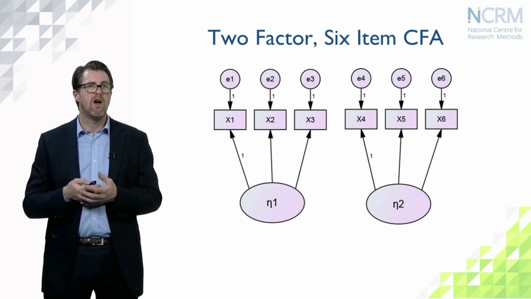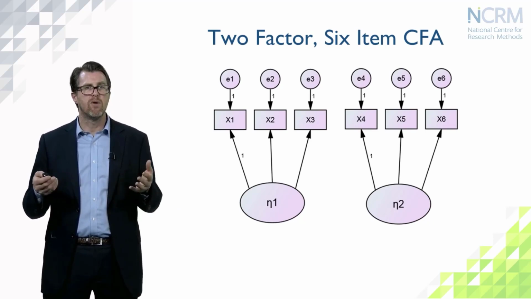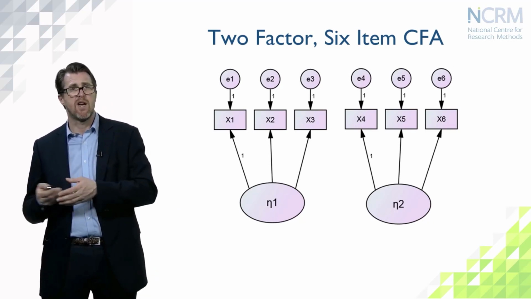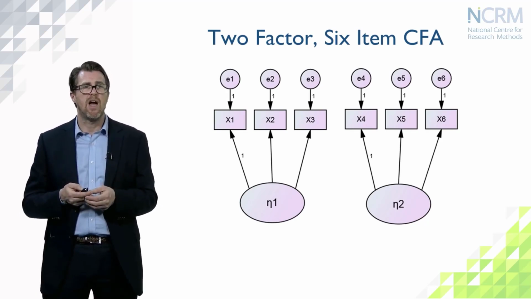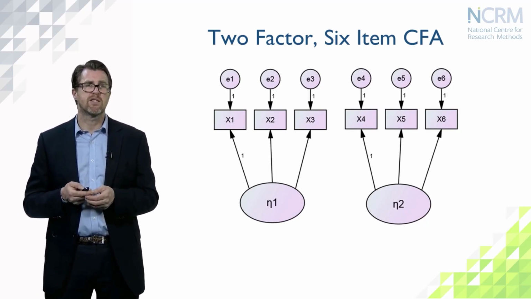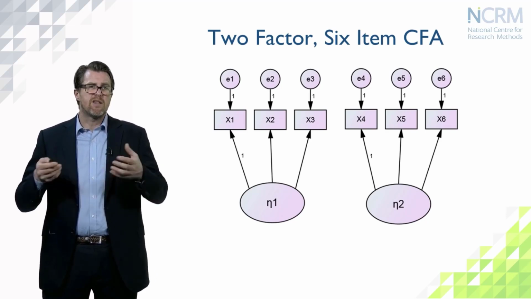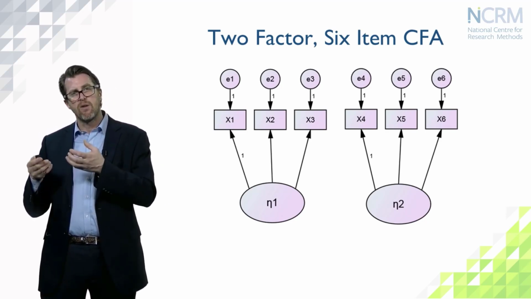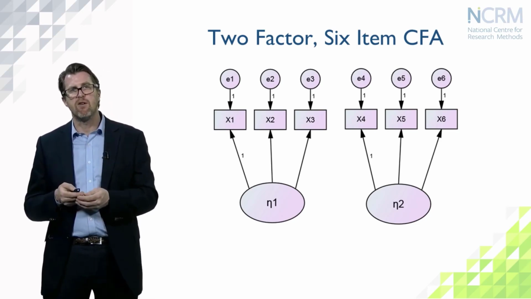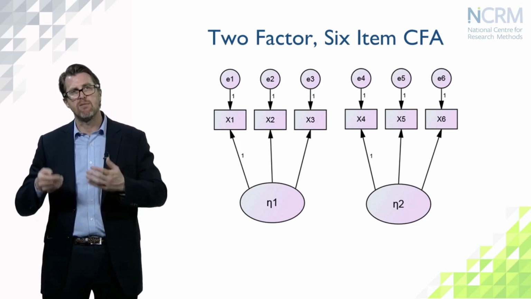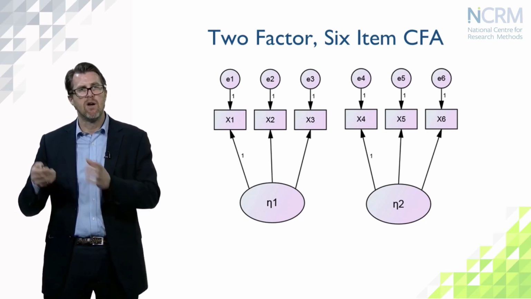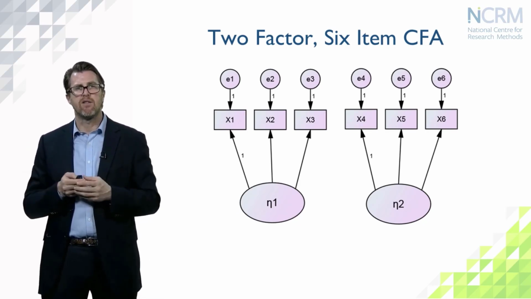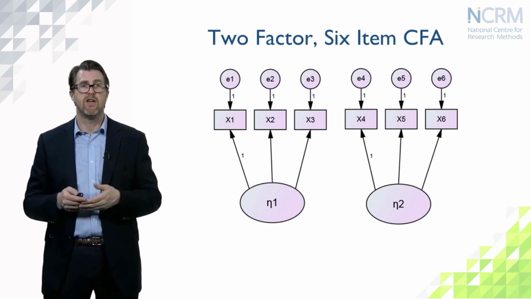There's no arrow pointing from eta 1 to any of those observed variables, and the same for eta 2. There's no arrows pointing at x1 to x3. So the fact that there isn't an arrow there means that in our model we are constraining those to 0. We're not just estimating them and saying, are they nearly 0? We are specifying our model a priori to say that those paths are indeed 0.